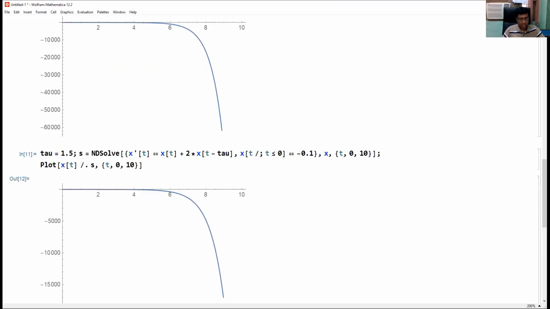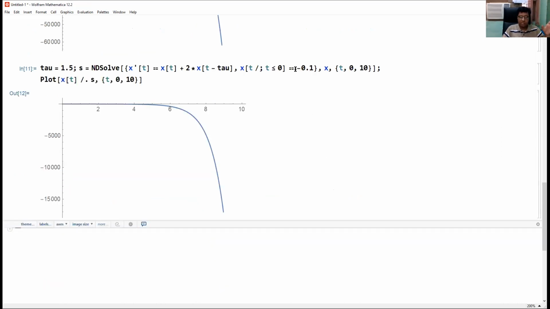You can check that it is unbounded, and we may even change the initial condition. It is an exercise that you can verify with a few more values of tau and initial condition.